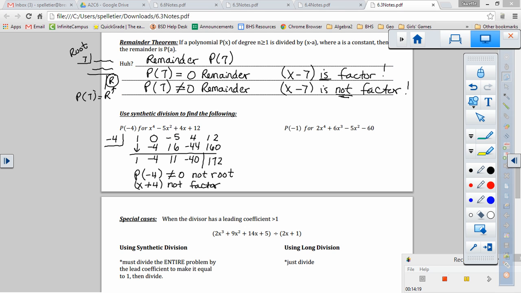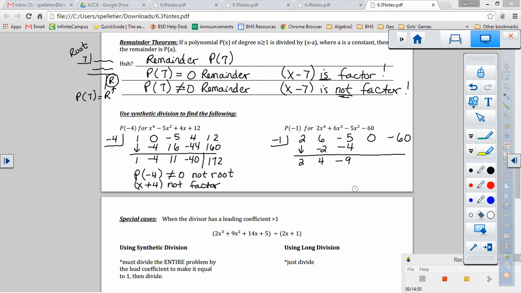Okay, let's do this one. -1. Again, 2 x to the 4th, 6 x to the 3rd, -5 x squared, 0 x to the 1st, -60 constants. Don't forget your placeholders. Really, really important. Drop your 2. 2 times -1 is -2. 6 and -2 is 4. 4 times -1 is -4.